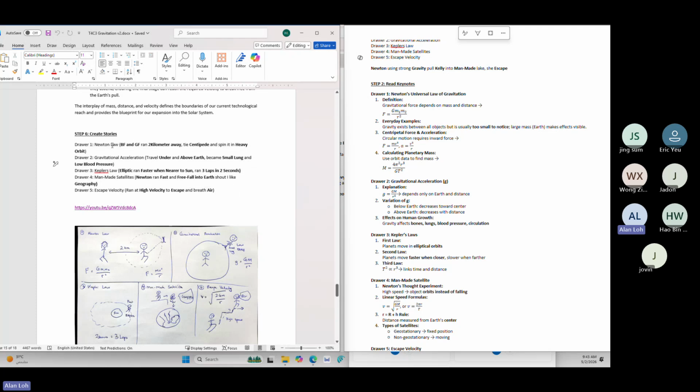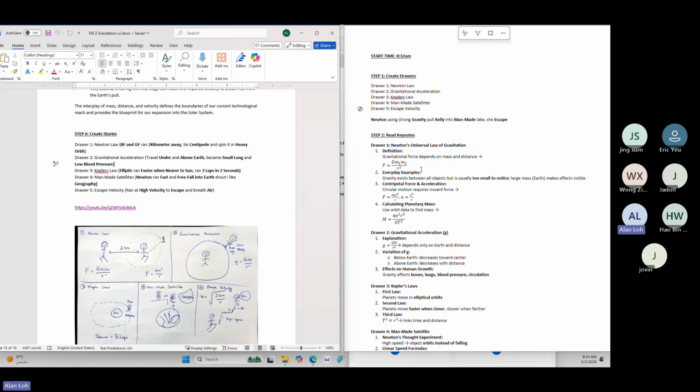Drawer number 1 is Newton's law. What is this story? The story is a boyfriend and a girlfriend ran 2 kilometers apart, and then tie a centipede and spin it in a heavy orbit. So what does it mean?